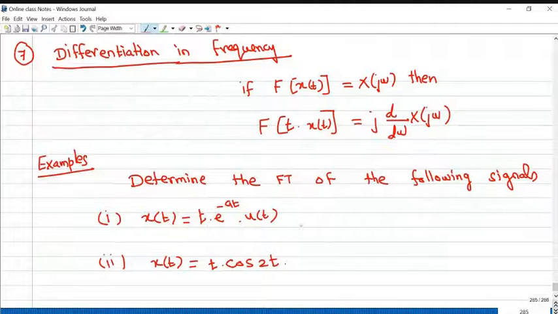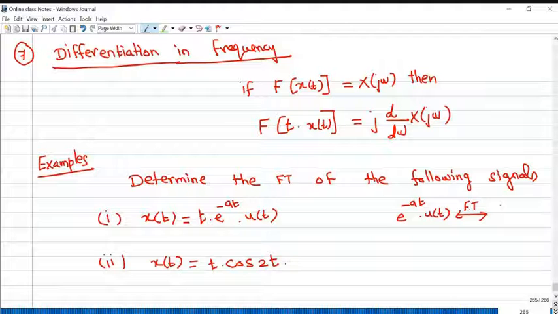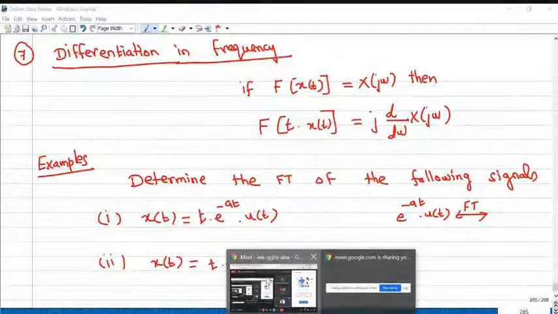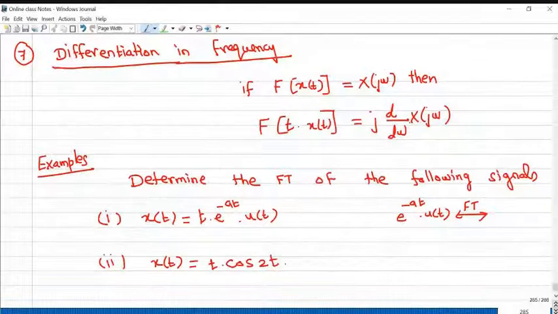So problem first one. e power minus at dot u of t. This is the first problem we have solved in Fourier transform. For e power minus at u of t, the result is 1 divided by a plus j omega.